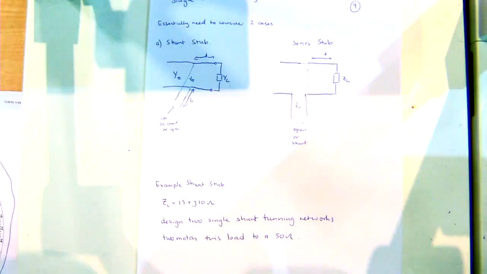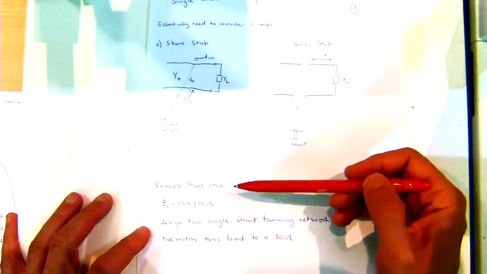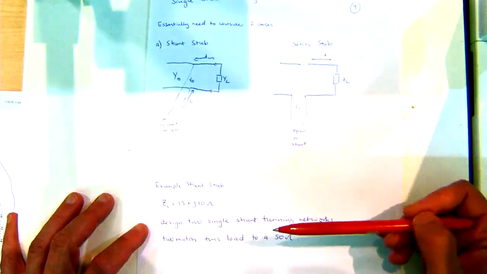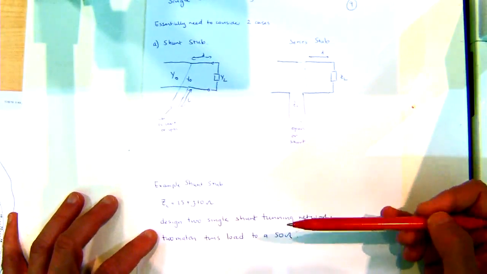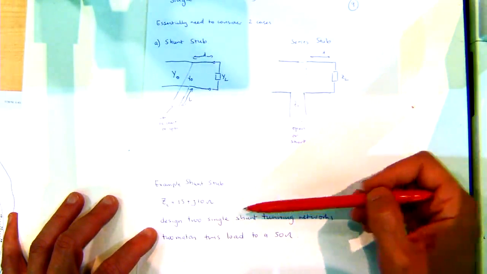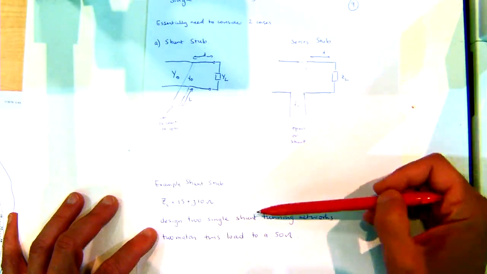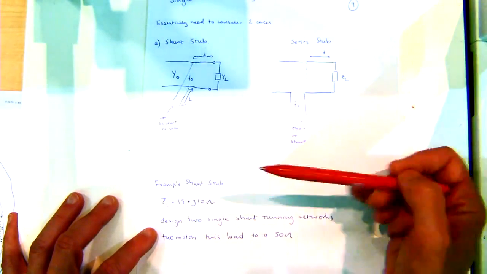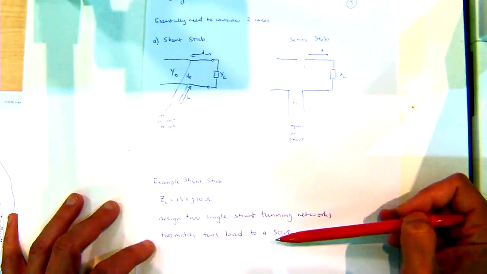Okay, so let's go through this example. What we want to design is a shunt stub, and I am asking you to design two single shunt tuning networks to match this load to 50 ohms.